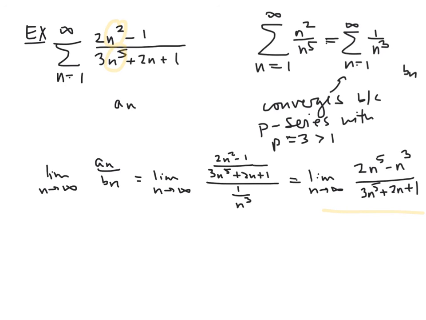The degree of the numerator is 5. The degree of the denominator is 5. And therefore, the limit is just equal to the ratio of the leading terms because the degrees are equal. You can also see this using L'Hopital's rule, which we won't worry about today. But we see that that number is positive and it is finite. So what this tells us then is our first series must also converge by the limit comparison test.